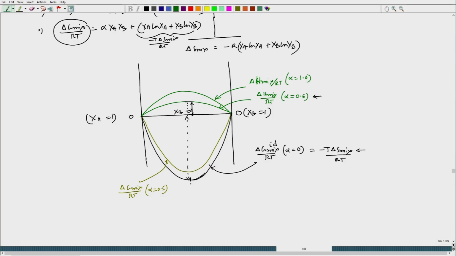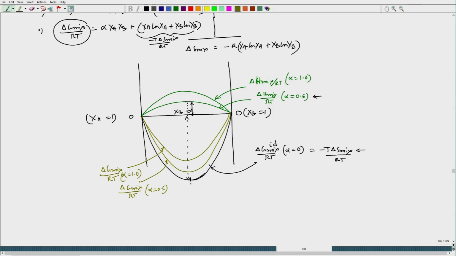I could see that even at alpha equal to 1.0, the value corresponding to alpha equal to 0, for that delta G mix Id by RT, is still very high. So, I can actually check the curve, that curve will still be convex downward. Okay. So, this plot is nothing but delta G mix by RT when alpha equal to 1.0.